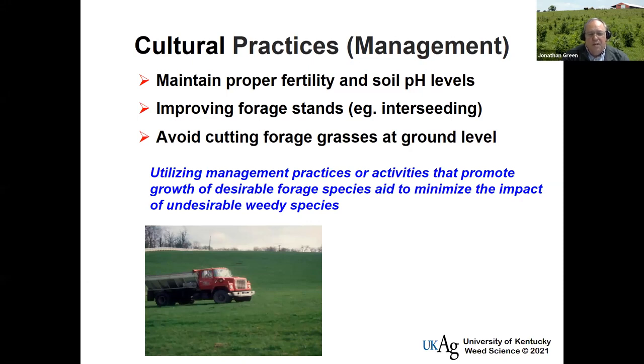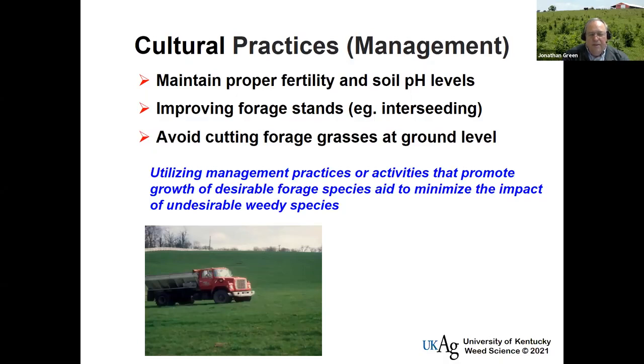And there are situations where spending our resources on interseeding and thickening up these forage stands may be better spent than trying to find a quick fix of just trying to eliminate the problem, let's say with a herbicide. But there are many cases where weeds can be the indicator that it's time we need to be thinking about doing some interseeding and doing some practices to try to thicken up the stand of the desirable species we'd like to have.